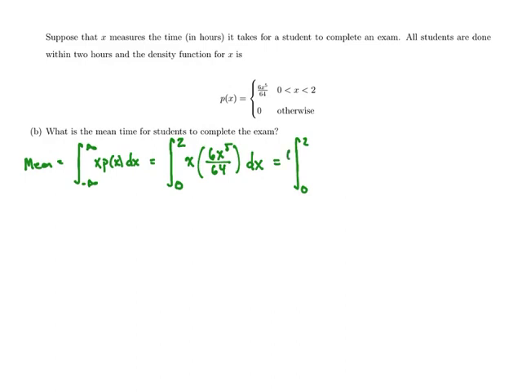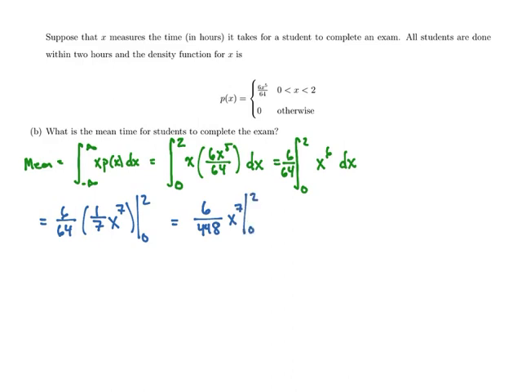A different antiderivative to do. Here we have a constant 6 over 64, x to the 6th dx, which will give us a 6 over 64 times a 1/7 x to the 7th evaluated from 0 to 2. The constant's going to be 6 over 64 times 7, which is 448, x to the 7th, evaluated from 0 to 2.